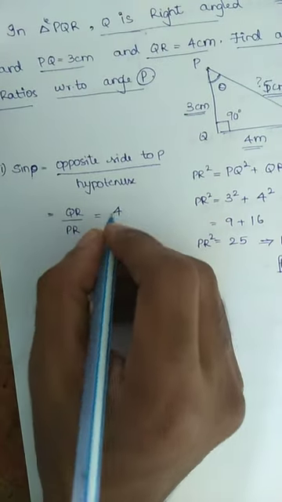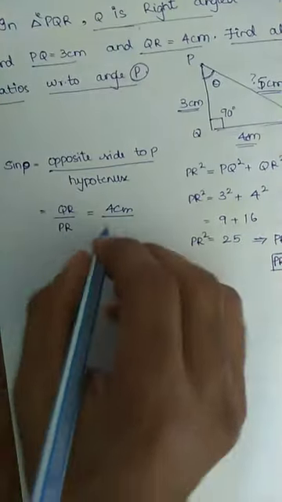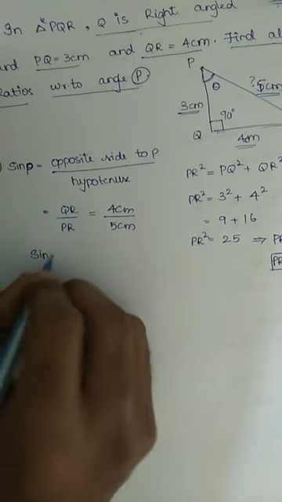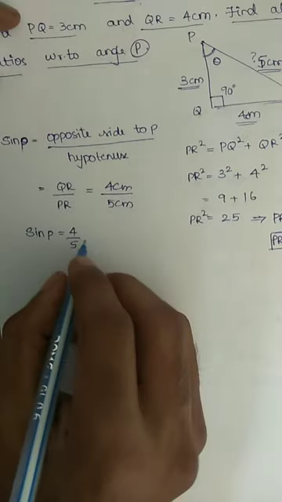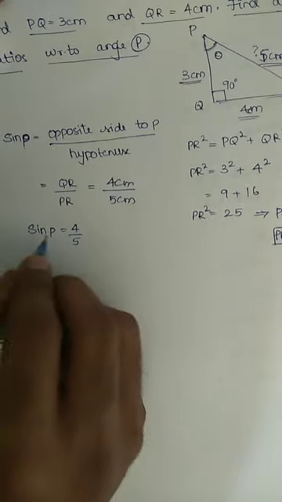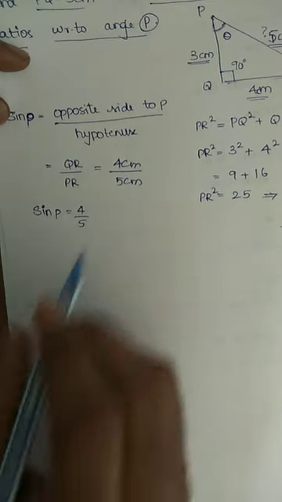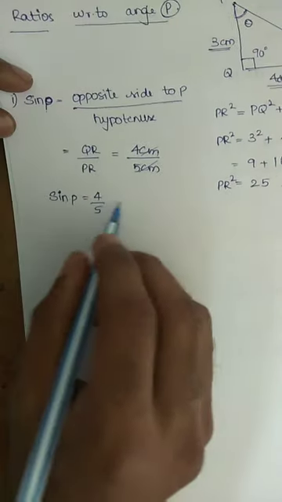QR is 4 centimeters by, what is PR? It is 5 centimeters. So sin P is 4 by 5. And remember there will be no units for every trigonometric ratio. Remember this important one, because centimeter will get cancelled out. There will be no units.